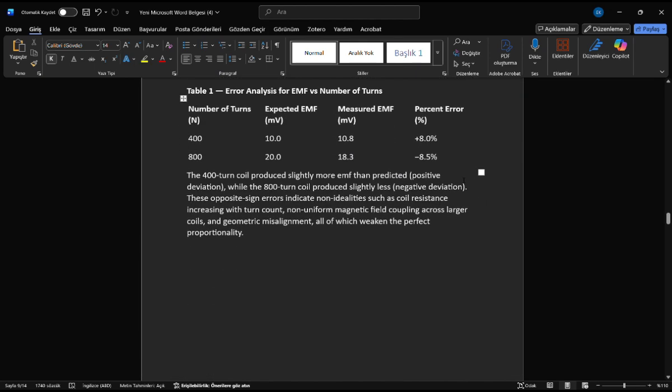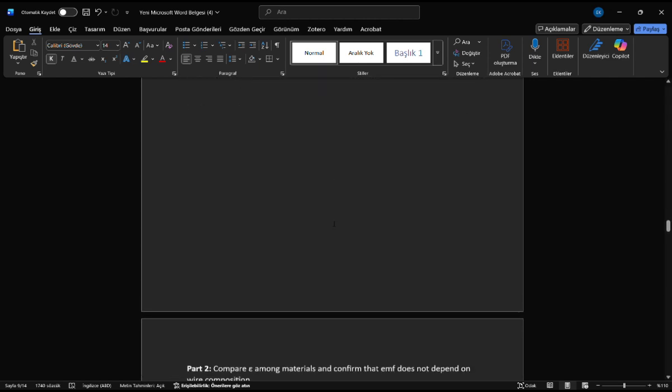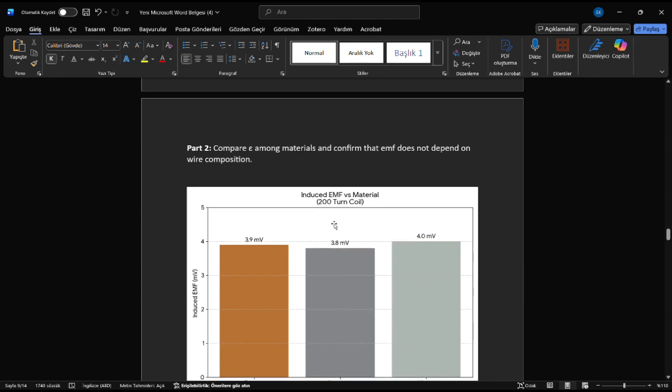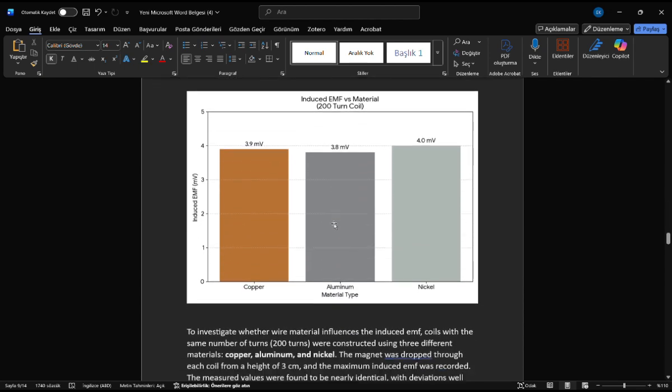Rather than proving the formula by the actual values, I compared my data to show the linearity and the results of my lab.